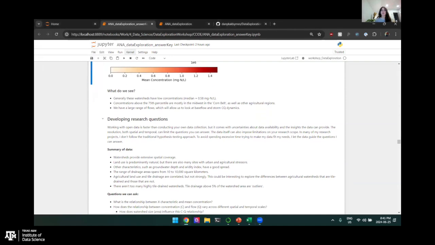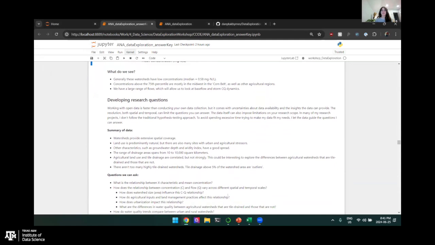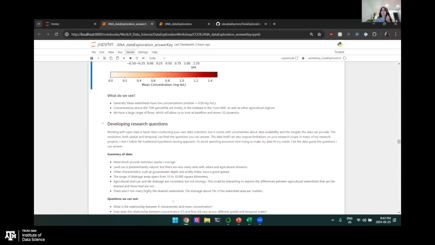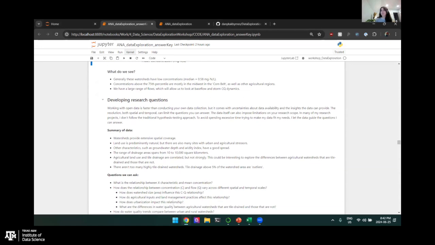So one question that we can ask is, really simply, how do concentration and flow vary across spatial or different temporal scales? It's just asking, how does CQ change? How does watershed size influence this?